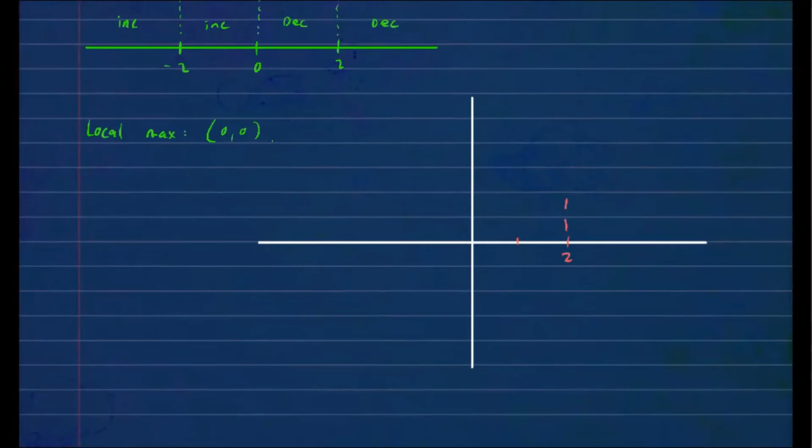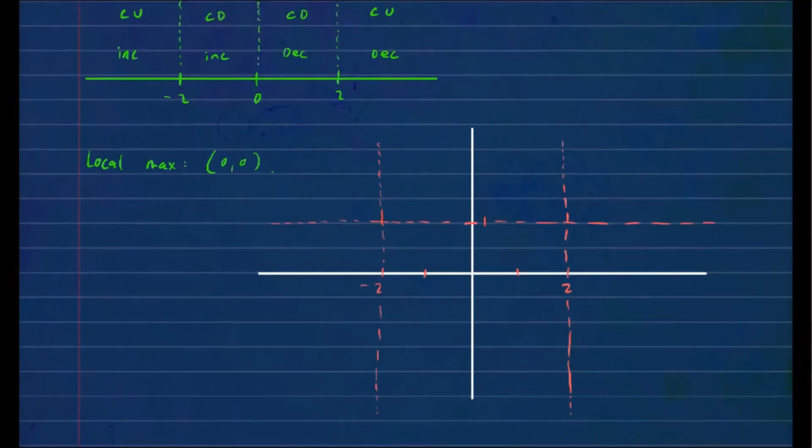Vertical asymptote, use a vertical dotted line, and then at negative 2, another vertical asymptote right here. And then we have a horizontal asymptote at 1, so that's right here, a horizontal dotted line. And then we have a maximum at (0, 0), so that's right here.